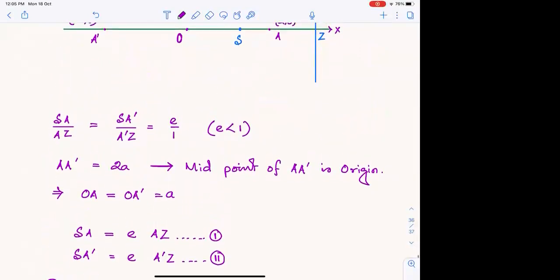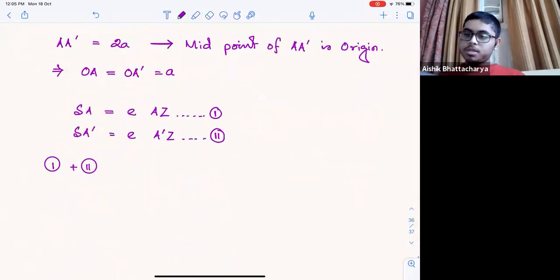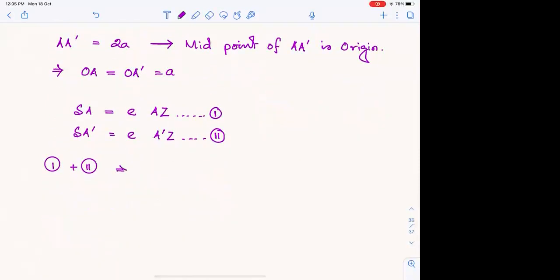SA and SA dash added give 2a. So 2a is equal to e into (AZ plus A dash Z). Now, as we are targeting the coordinates of S and Z, we will try to split AZ and A dash Z in terms of measurement from the origin.